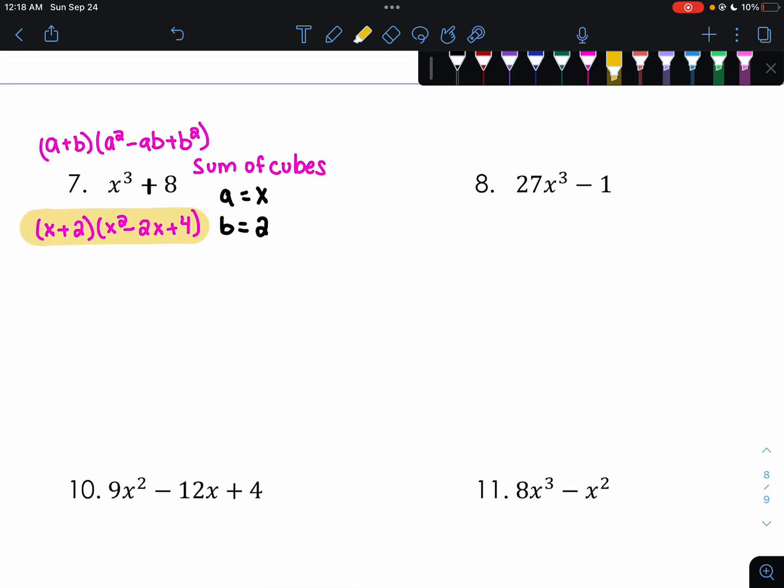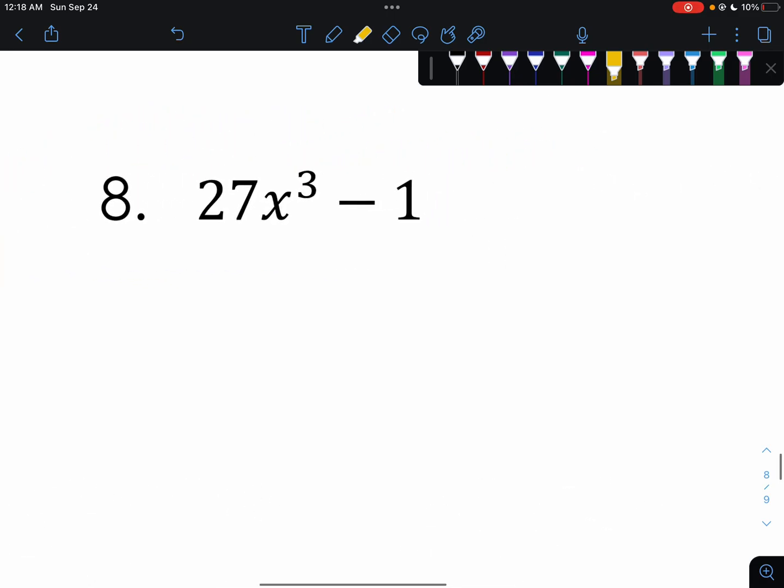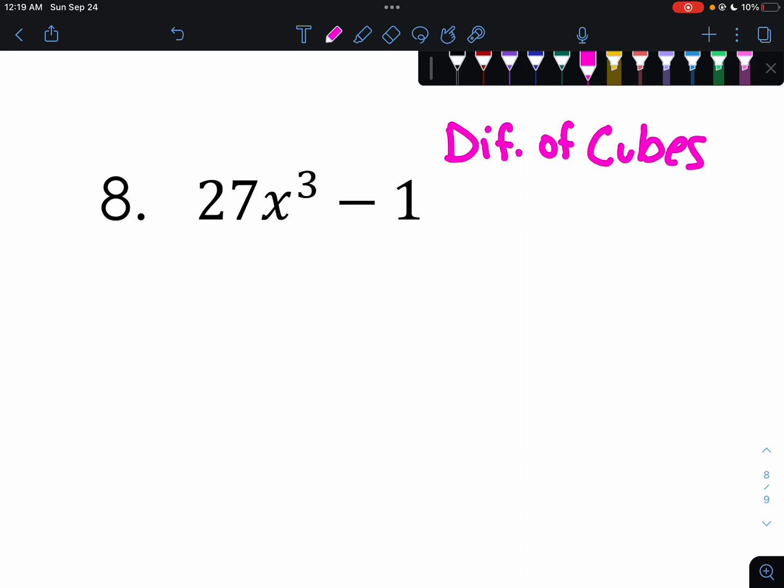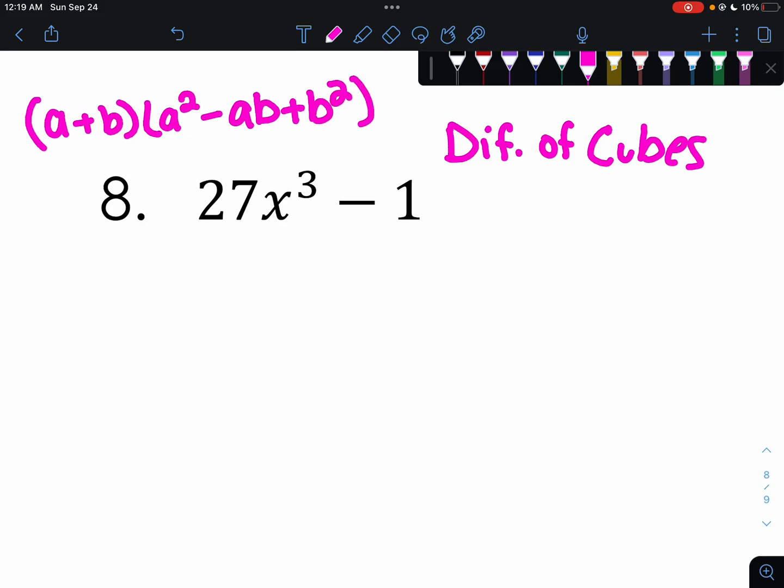Okay, looking at our next one, very similar, but this time it is a difference of cubes. So a difference of cubes has the formula A plus B times A squared minus AB plus B squared. Actually, nope, I messed up the signs.